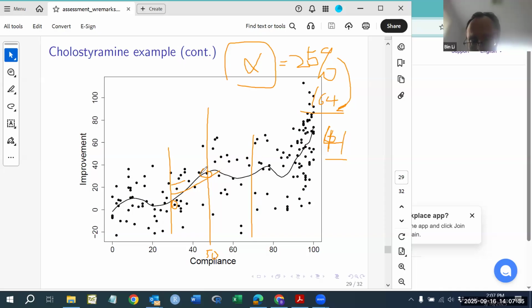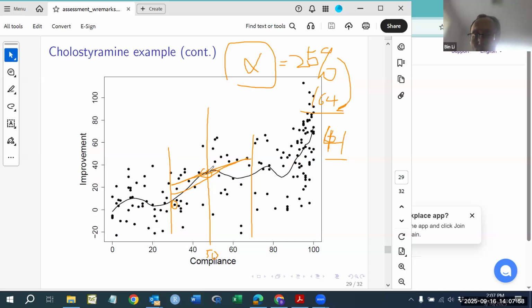Let's say we fitted a line, and this is the fitted line. After we fit a line using the weights and the samples in the neighborhood, the point where the line hits 50 is exactly the fitted value at 50. Is that clear?